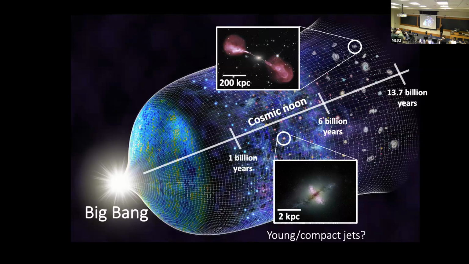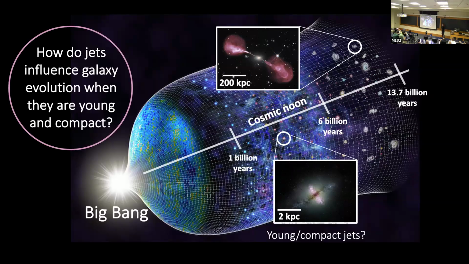So this is a really interesting part of radio AGN evolution, because when you have jets confined on ISM scales, there's a lot of potential for things like feedback and outflows, and finding systems where we can observe that in action can really help us understand how galaxies and supermassive black holes co-evolve.